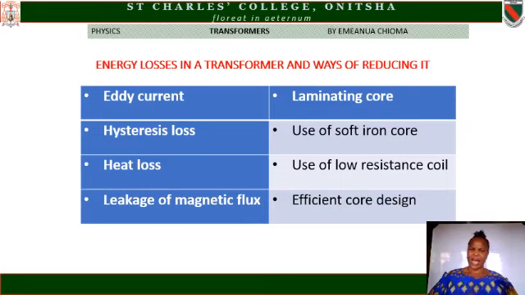We have the hysteresis loss, which can be reduced by use of a soft iron core. We have energy loss due to heat, which can be reduced by use of a low resistance coil or thick wires. Then we have energy loss due to leakage of magnetic flux, which can be reduced by efficient core design.